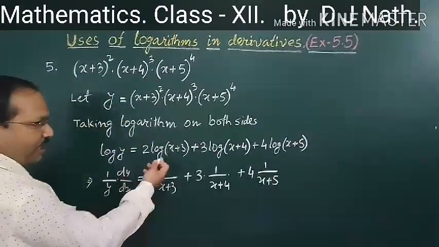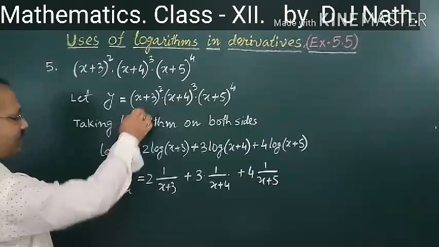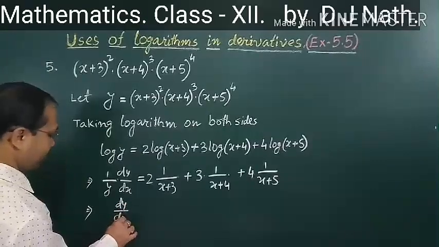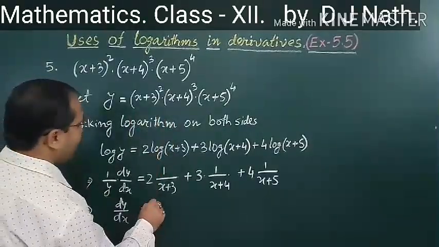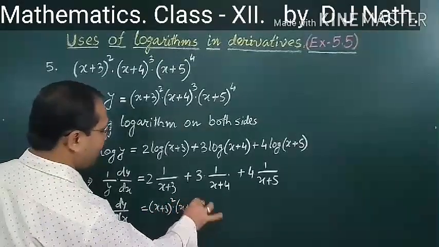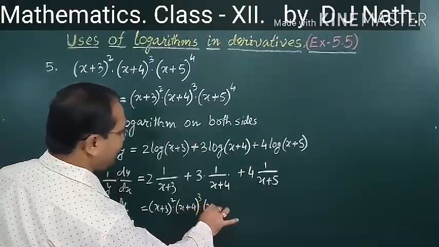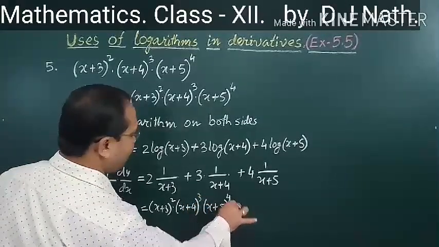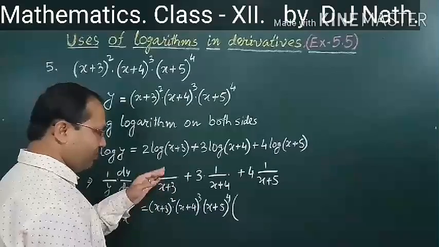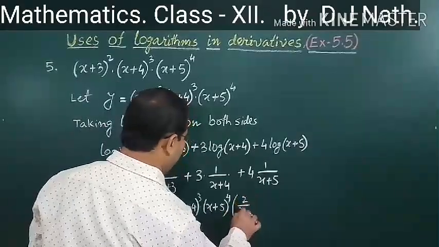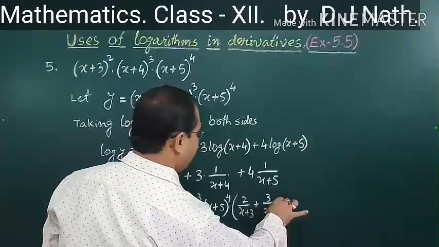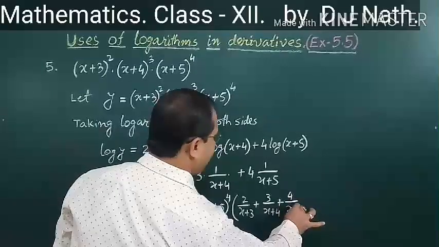So what will become now? y will be shifted to that side. y means the original function. So dy/dx is equal to y, which is (x + 3)^2 (x + 4)^3 (x + 5)^4, into [2/(x + 3) + 3/(x + 4) + 4/(x + 5)].